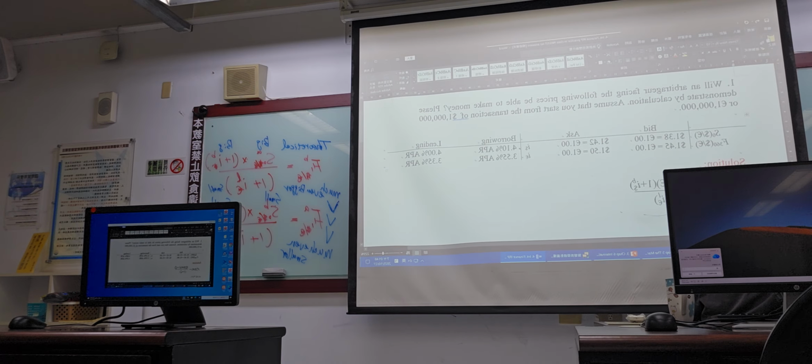US dollar borrowing rate is 4.1%. Divided by 1 plus euro's lending rate. Euro lending rate is 3.35%.